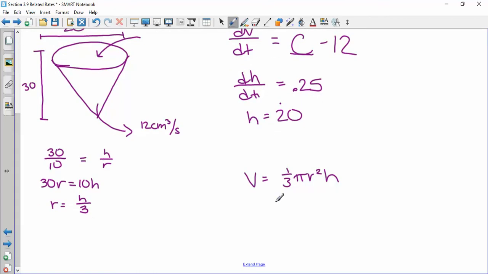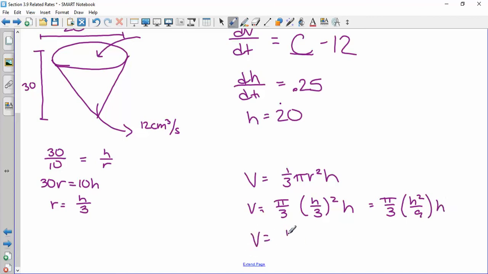So I'm going to plug that in before I do the derivative. 1/3 times pi, I'm going to write that as pi over 3, times R, so H over 3 squared, times H. Pi over 3 times H squared over 9 times H. I'm going to write that as pi over 27, H to the 3rd.